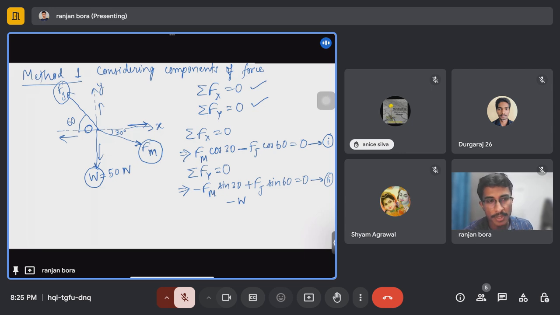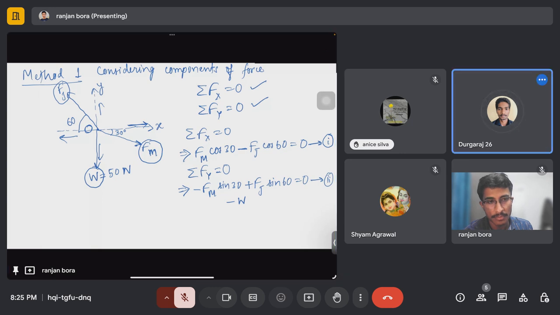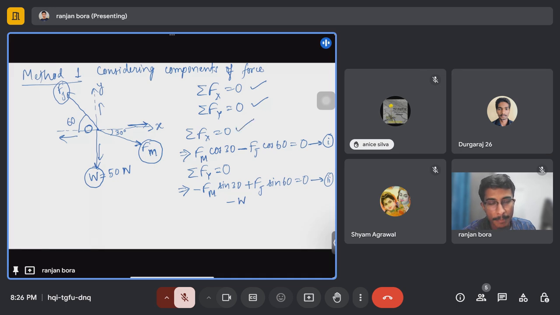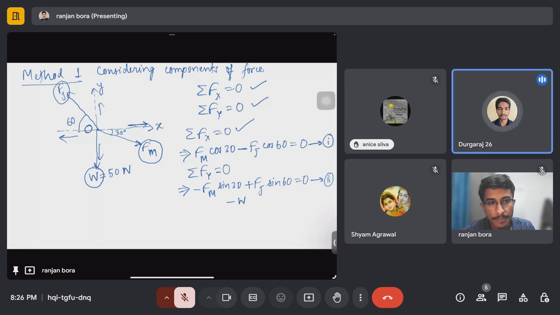So are these two equations clear? Have you all followed? Sir, why is the summation of Fx 0? This is the condition of equilibrium. In the condition of equilibrium, summation of Fx and summation of Fy will be 0.